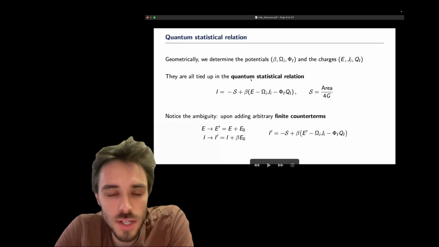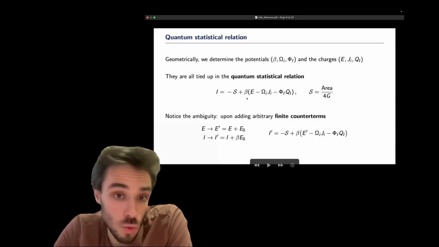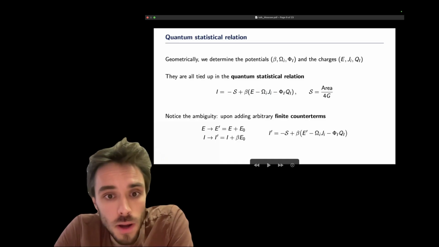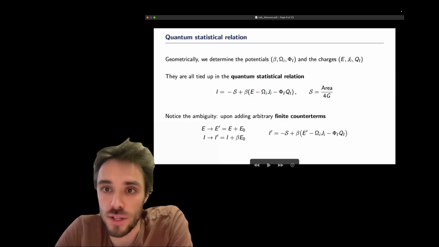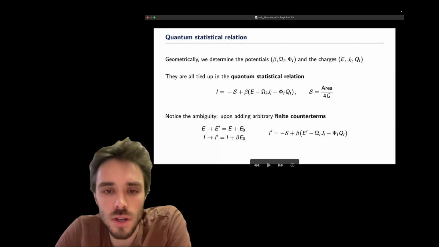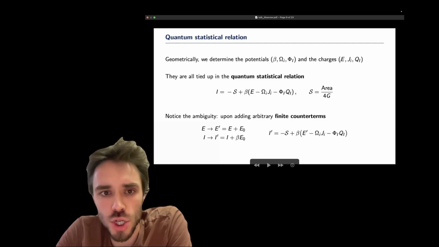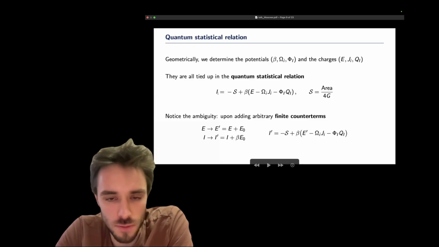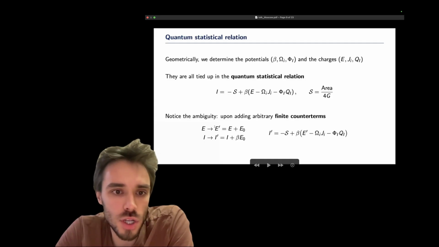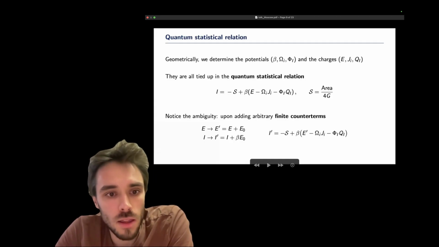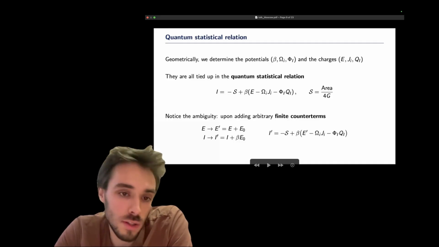But notice that this equation is kind of ambiguous. It is true, and you'll see that it is, but upon adding arbitrary finite counterterms, which are only going to be relevant when you're evaluating the energy or the on-shell action, the energy changes from how it used to be before. The on-shell action is not independently modified.